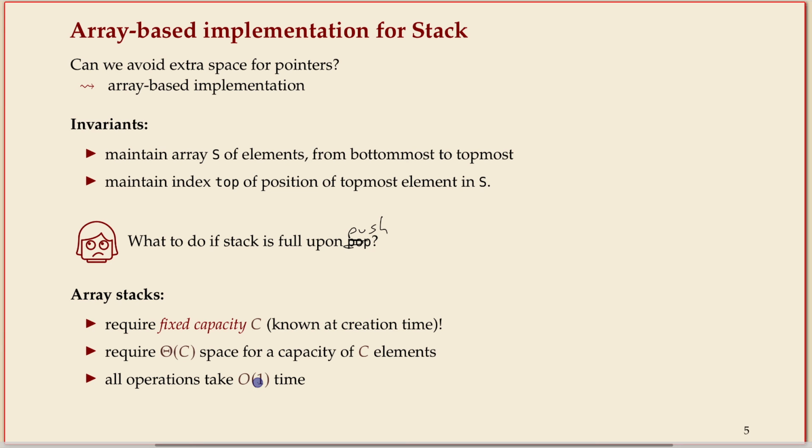What's good is all operations are again constant time, and they tend to be faster than in the link-based representation, a smaller constant. But it looks like we started with this idea, let's try to save space by not having pointers. And now we still have this problem that we need to know the final size, and it looks like we're not improving on space so much.